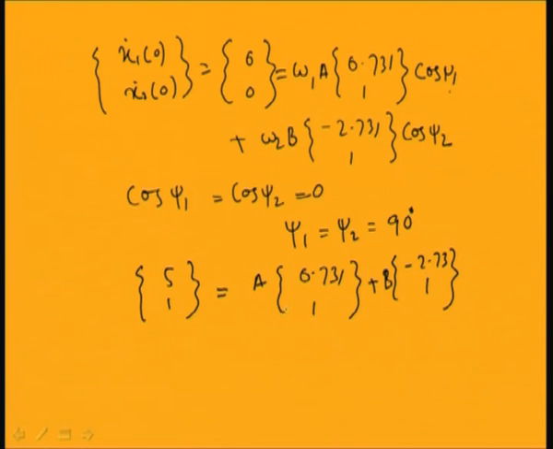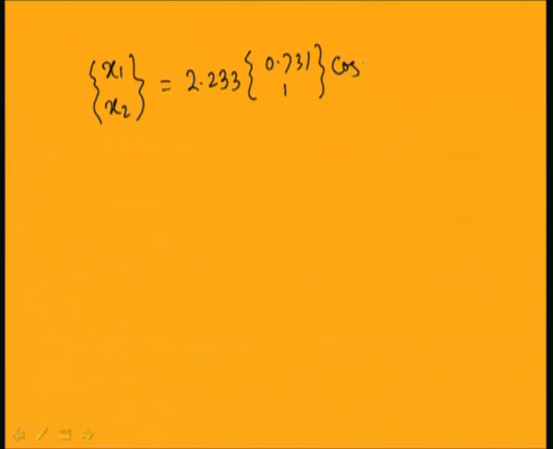So now you have two expressions: 0.731 a minus 2.73 b equal to 5 and a plus b equal to 1. So you have two equations, and by solving these two equations you can find a equal to 2.233 and b equal to minus 1.233.